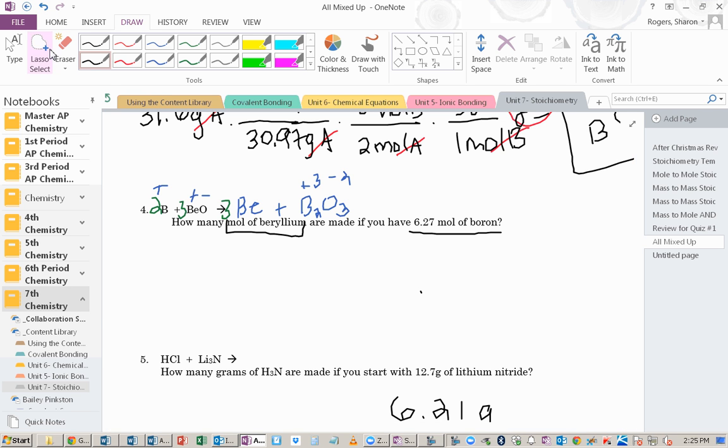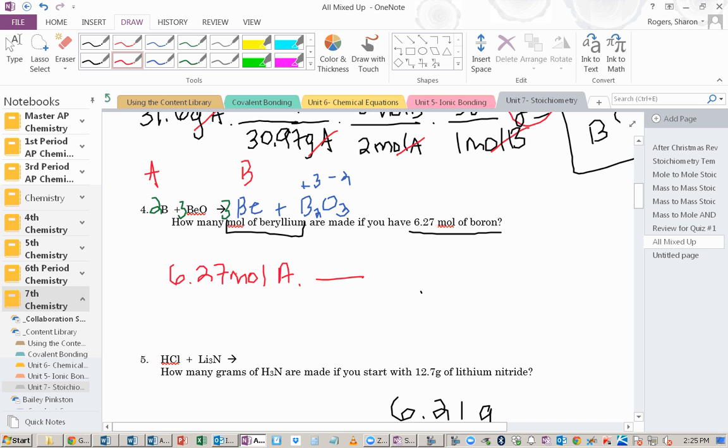So boron's A, beryllium is B. 6.27 moles of A, for every 2 moles of A, that's equal to 3 moles of B. Final answer is 9.41 moles Be. And that's it.